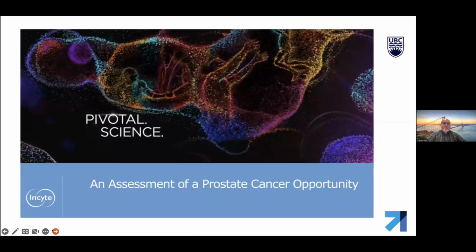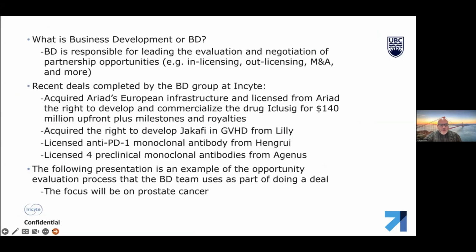And so I found this in preparation for this presentation, and it's from a company called Incyte, which is a small molecule-based company, and they had a case study on how they use the target product profile to look for prostate cancer opportunities. So, what is business development? In this case, they're looking to bring in compounds.